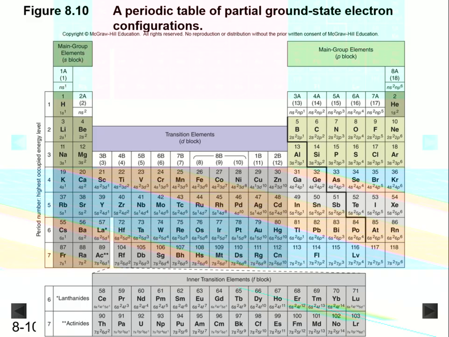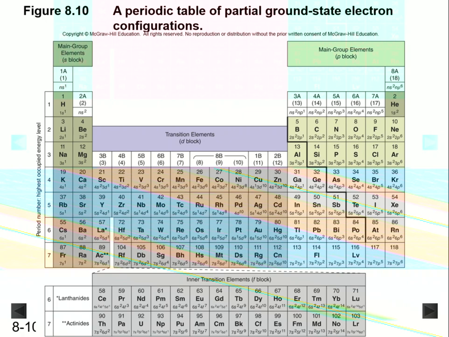You can see in group 13, that's the leftmost part of the light brown block, is boron, B, and that's a 2s2, 2p1, and you'll see all the elements down follow an s2, p1 configuration, starting with boron, going down to aluminum, gallium, indium, and thallium. And you'll see every column in the main group P block follows the same electron configuration pattern as the first row of elements in that block. So these are well-behaved systems.